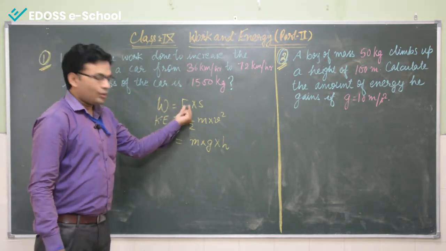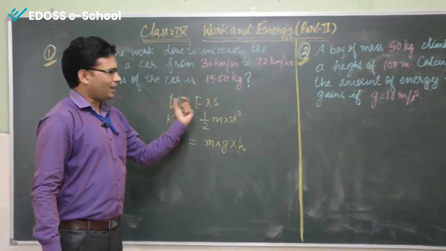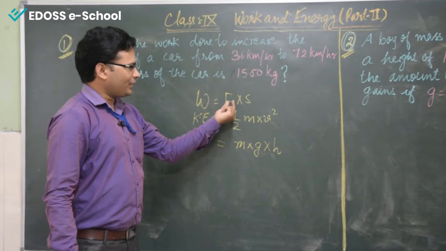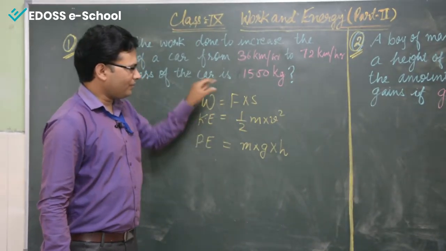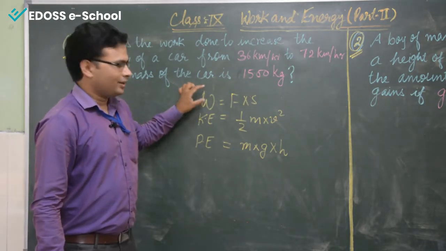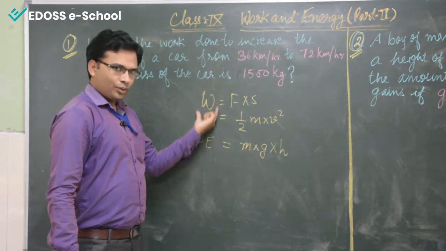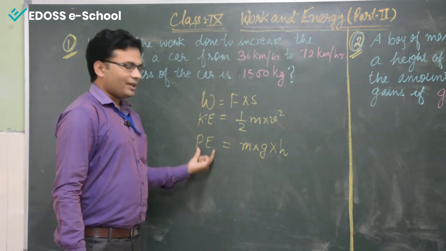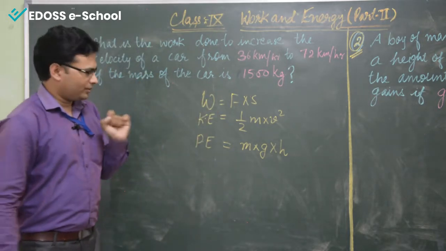So when force, capital F, and displacement, S, are given in Newton and meters respectively, Newton and meter are the SI unit of force and displacement respectively. Work has the SI unit joules. Now for kinetic energy, again as I told you before, work, kinetic energy and potential energy all have the same SI unit, joules.